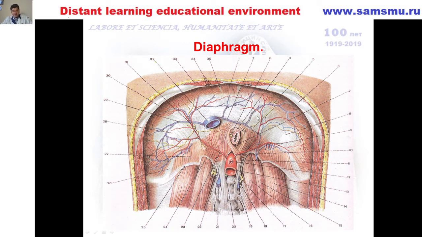According to the origin of the fibers, there are lumbar, costal, and sternal parts. You may see all these three parts here. This is sternal, this is costal, and this is lumbar part with crus. So lumbar, costal, and sternal parts are distinguished in the muscular part of the diaphragm.